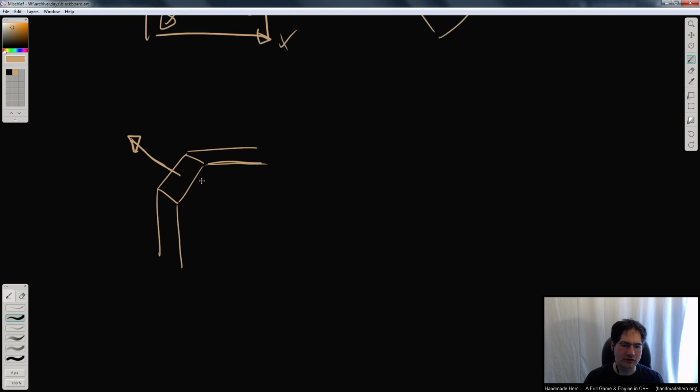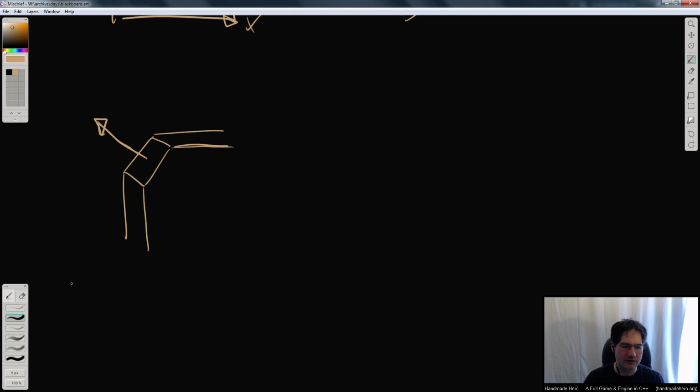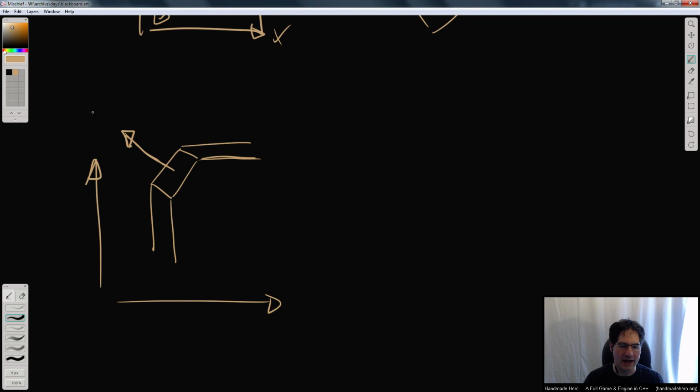And what I want to show you is that if I were to take the y-axis and scale the y-axis up, so if I were to increase that, then the shape that the normals are supposed to be representing is going to elongate, right? So I'm basically going to get something that looks like this.